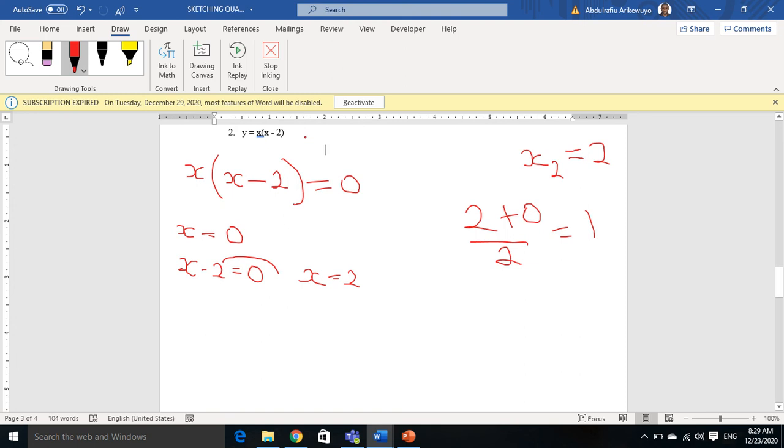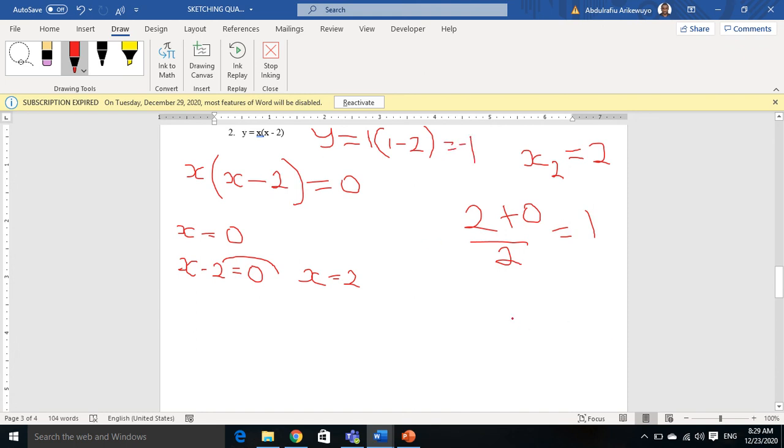If I do that here, it means that my y will be equal to, I hope you get that clearly, 1 outside the bracket because I'm changing all the x to 1. I have x again, 1 inside the bracket minus 2. 1 minus 2 is negative 1. Multiplied by 1, everything will be minus 1.